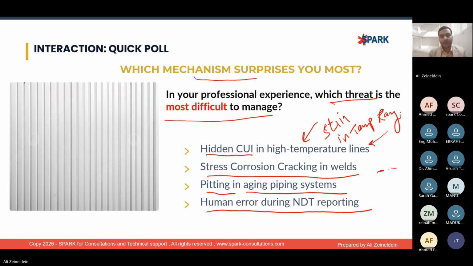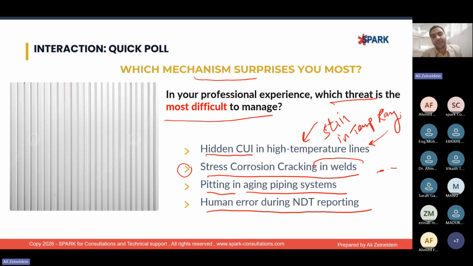Or stress corrosion cracking, as we explained in the previous slides, especially in welding. If the weld is poor or doesn't achieve high quality or soundness during construction or repair, there are residual stresses, and the heat treatment or stress relief process was not implemented well, so we still have some stresses inside the weld itself.